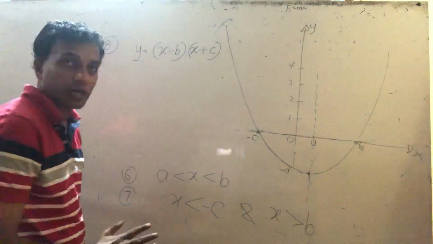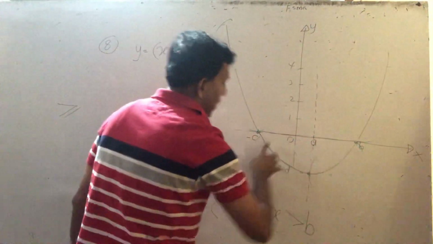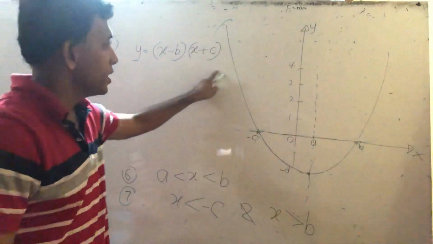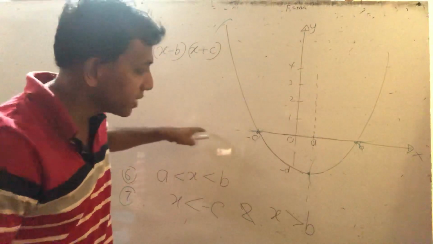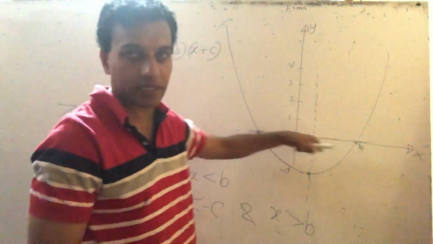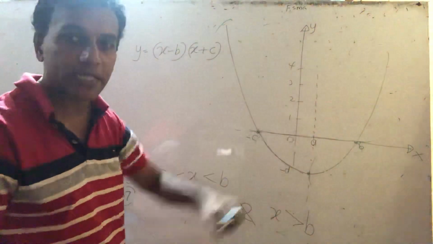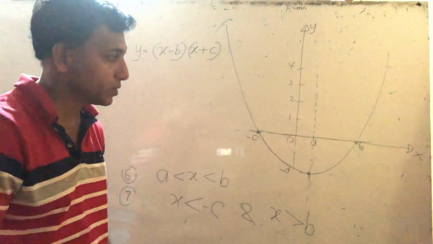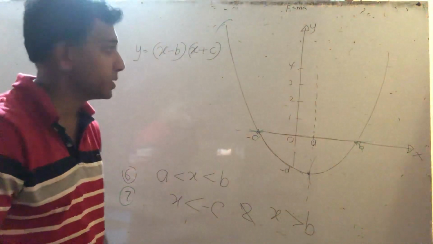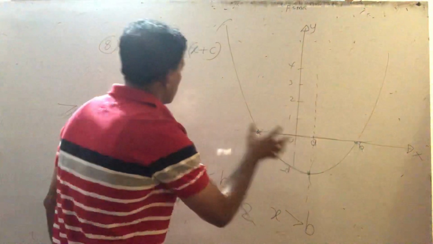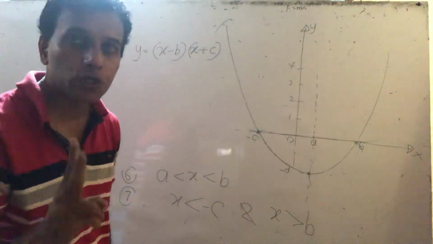How did this happen? We call this the intersection pattern, where the graph intersects the x-axis. Every quadratic equation has 2 solutions.